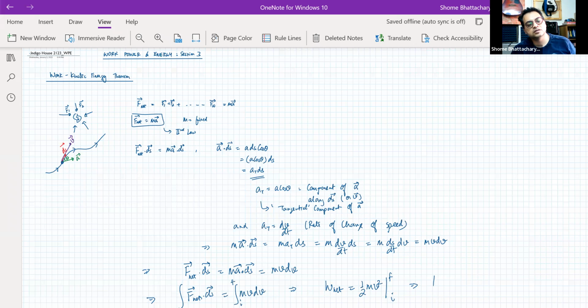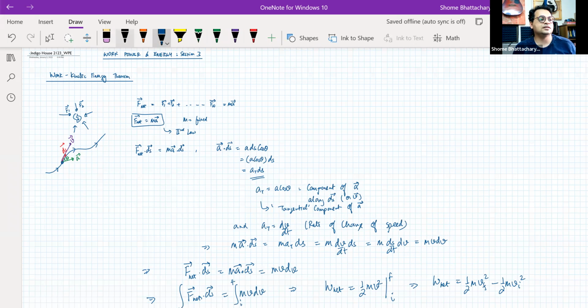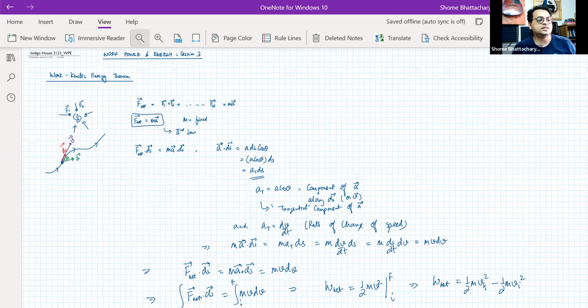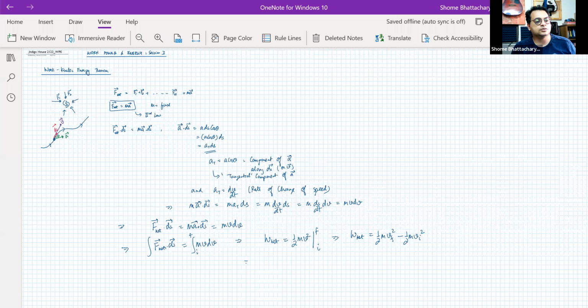So that is, the net work done is equal to final kinetic energy minus initial kinetic energy. So from there we get the statement of the work kinetic energy theorem, that net work done is equal to change in kinetic energy.